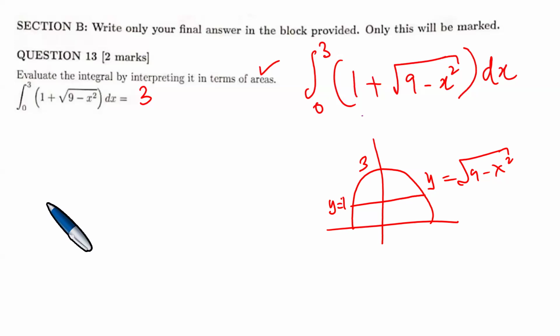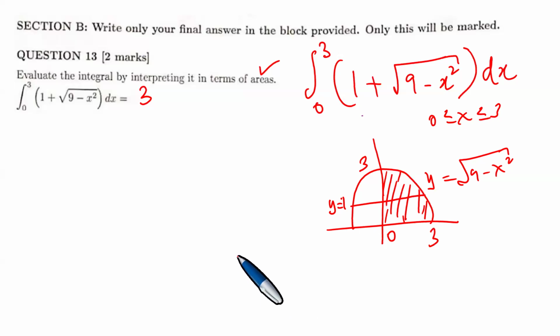We are integrating from 0 to 3. So if you integrate from x equals 0 to x equals 3, in other words, our x lies between 0 and 3. There are a couple of things that are critically important.